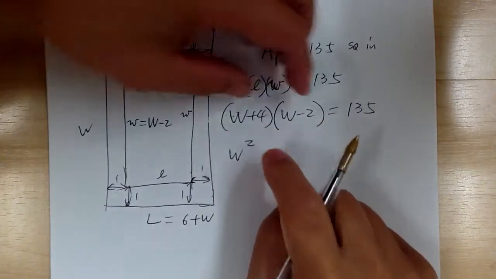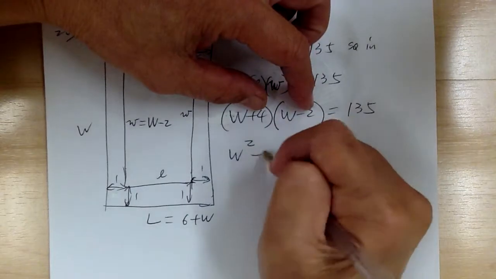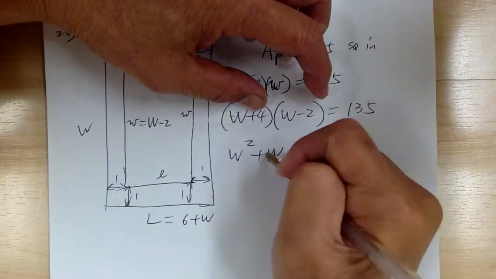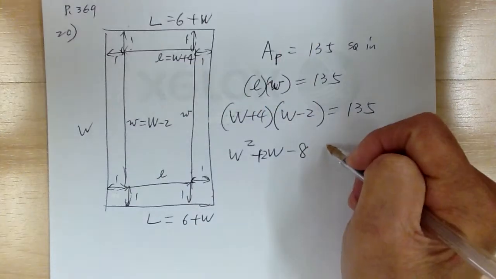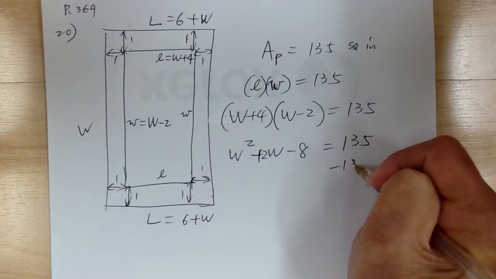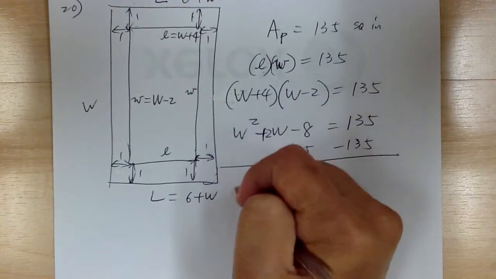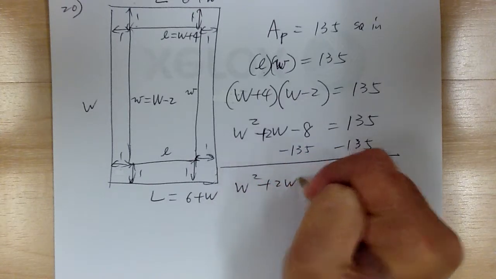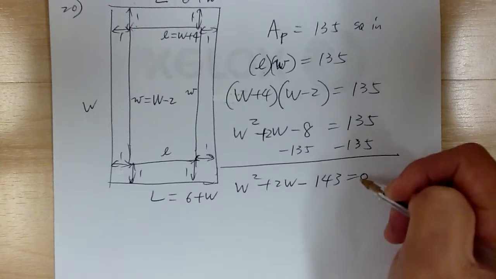When there's no number in front, it would be the reverse of the master product. So you add to get the middle, multiply to get the end. Then you minus 135 on both sides. Okay, so W squared plus 2W minus 143 equal to 0.